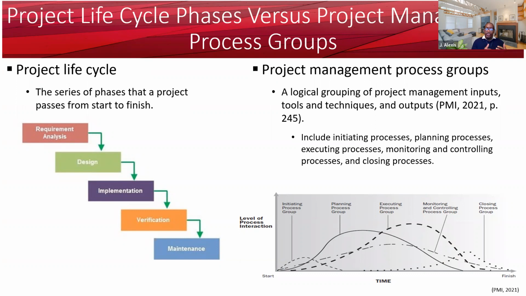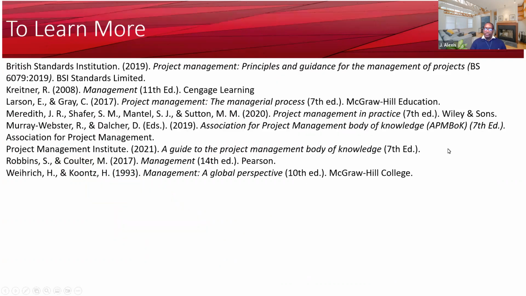After you test your product and it works, you have a prototype, or you implement it or send it to operations, you have to maintain it. Maintenance is not part of the project. So what you need to understand is that you can initiate, plan, execute, monitor and control, and close each phase of your project, or you can do it for an entire project. That's the key difference between the two.